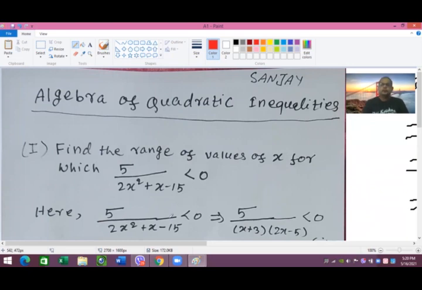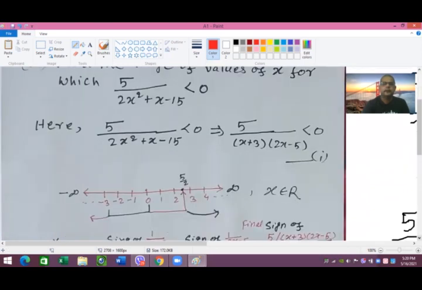Earlier we factorized the denominator and then took the reference points, those were -3 and 5 by 2, and now 0 also we will take as reference. So we search for the sign below -3, then between -3 and 0, then between 0 and 5 by 2, that is 2.5, and then above 5 by 2.